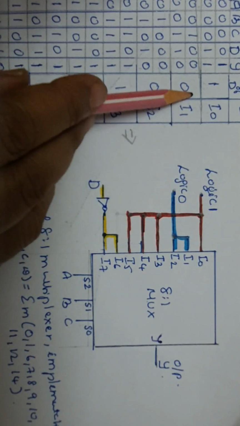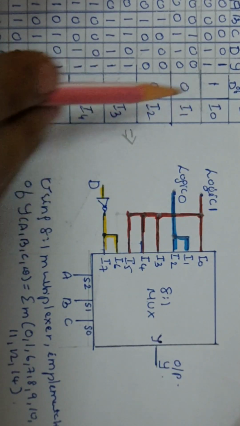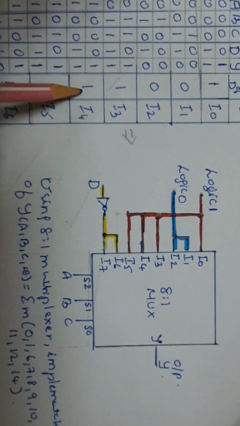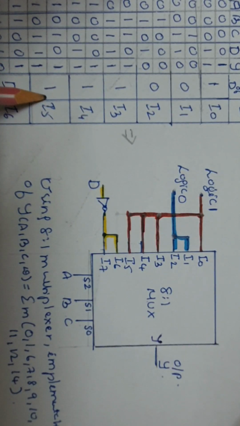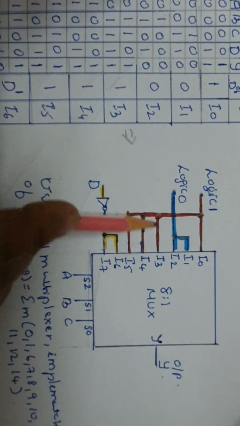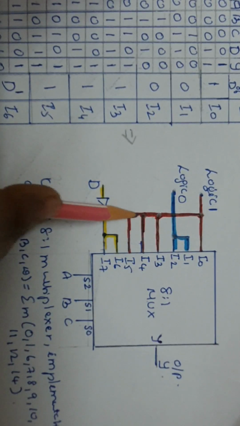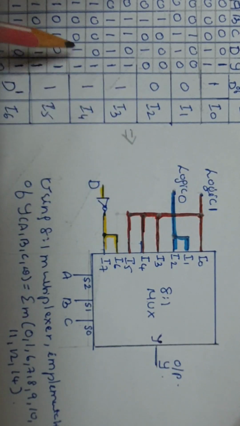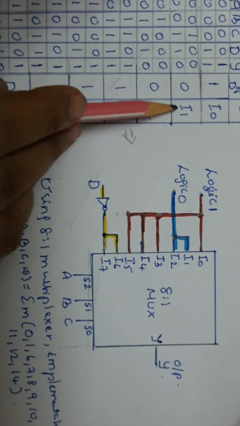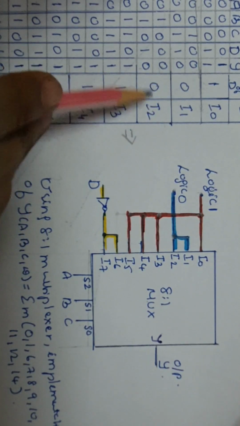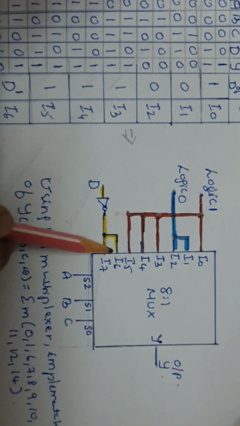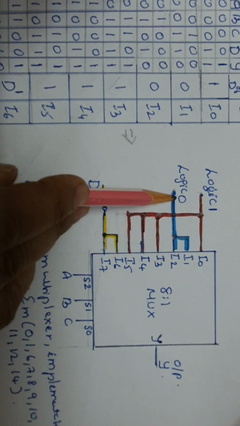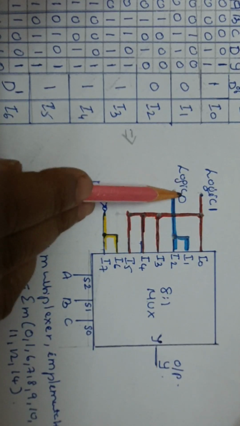Then whatever we have in this table: I0 as 1, I3 as 1, I4 as 1, I5 as 1. So these inputs are 1. Hence I0, I3, I4, I5 are all tied and given logic 1. Okay. So next, I1, I2 are 0. Hence I1, I2 are tied and given logic 0 input.